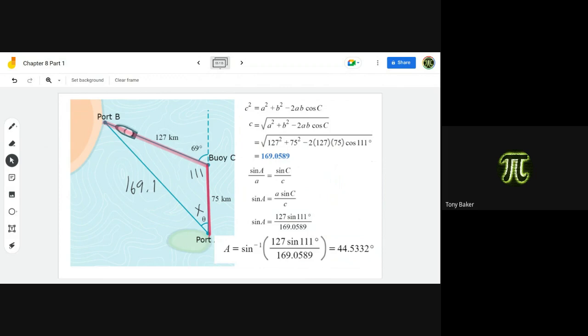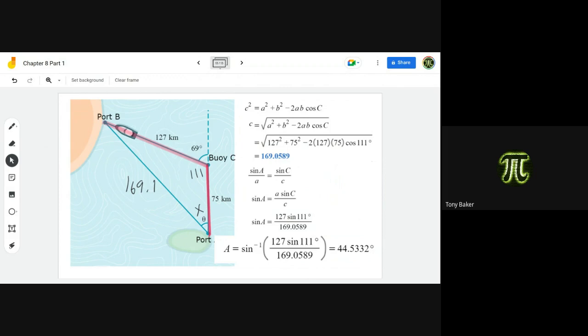Does that angle make sense for this problem? No. Did you even have to do that, just by looking at this triangle? What piece of information would tell you that you don't even have to look at that part?